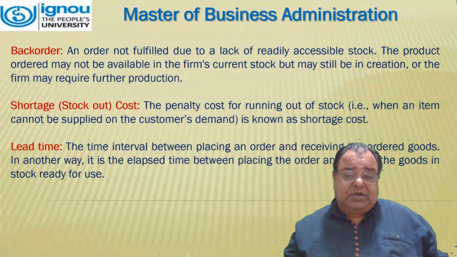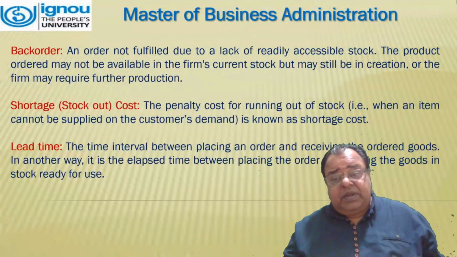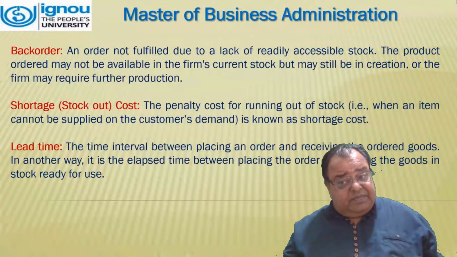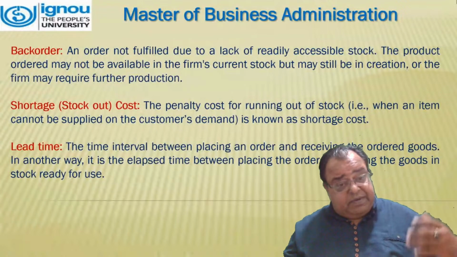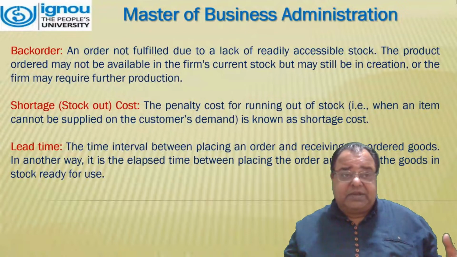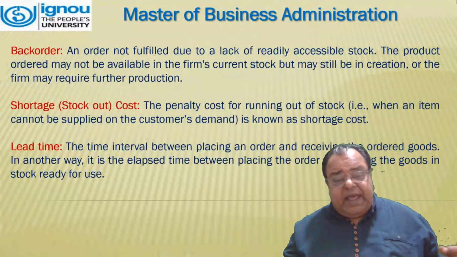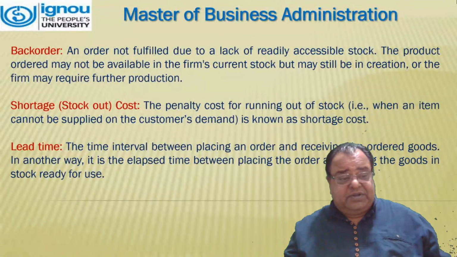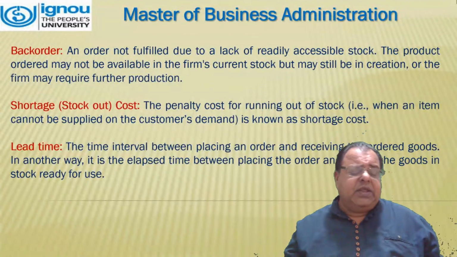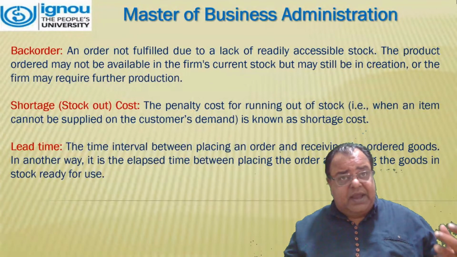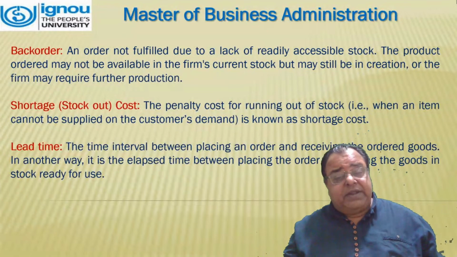The penalty cost for running out of stock, that is when an item cannot be supplied to the customer's demand, is known as shortage cost. Lead time is the time interval between placing an order and receiving the ordered goods. In another way, it is the elapsed time between placing the order and having the goods in stock.